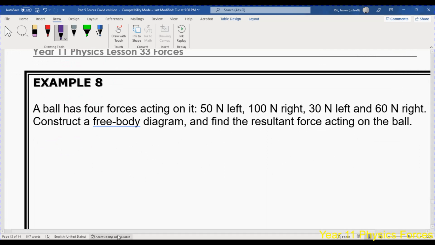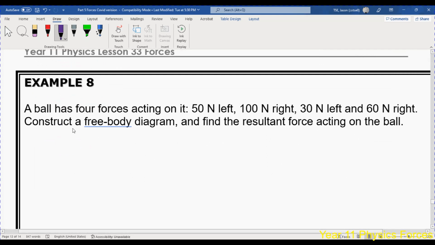All right, for example, when I give you 4 forces, a ball has 4 forces acting on it: 15 Newton left, 100 Newton right, 30 Newton left, 6 Newton right. Construct a free body diagram and find the resultant force. Okay, and all you need to do is draw a ball and draw a diagram.